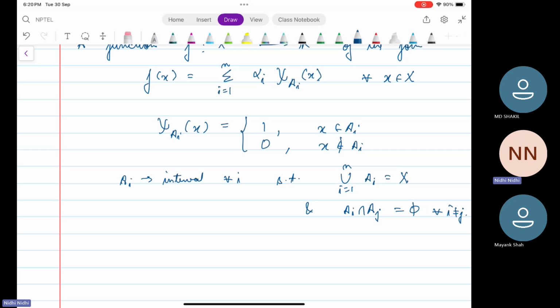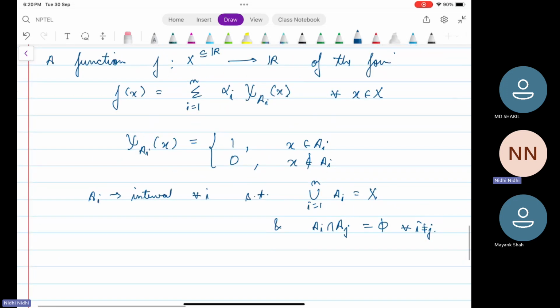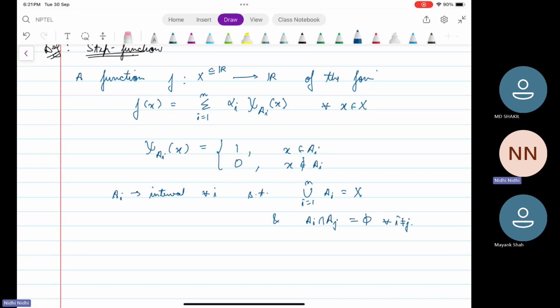So this is pairwise disjoint. Such a function is called a step function.